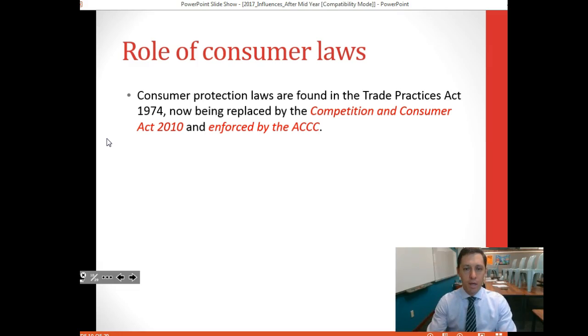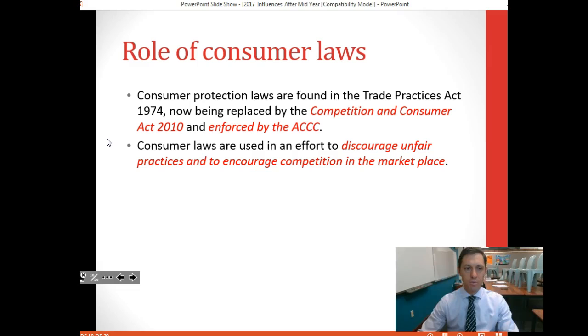Within Australian consumer law, there is one main Act of Parliament which covers all these issues, and that is the Competition and Consumer Act of 2010, which superseded the Trade Practices Act 1974. That Act is enforced by the ACCC, and it's the main law that relates to consumer law.